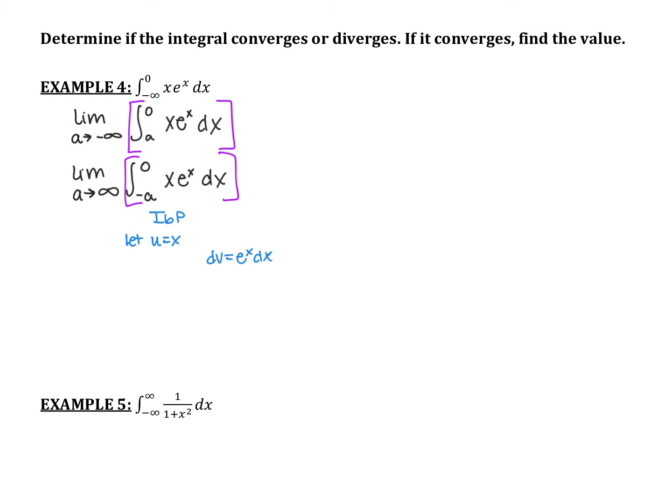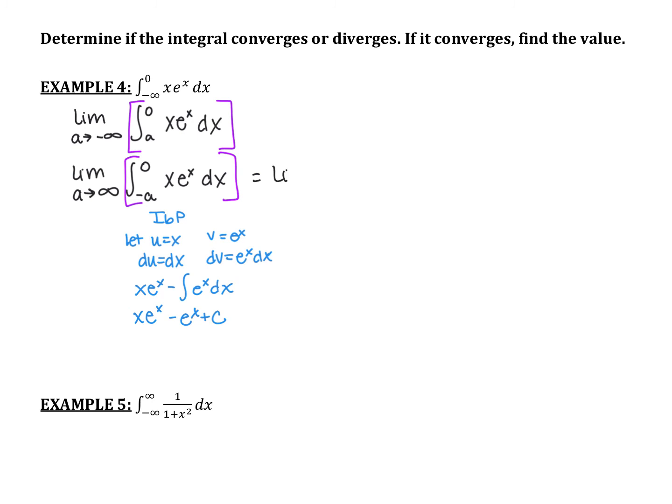And the derivative of u is dx, and the antiderivative of dv is e to the x. So now, using integration by parts, u v minus the integral of v du. Integrating that, we get x e to the x minus e to the x plus c, but I'm going to plug this back into this particular problem, which has bounds.